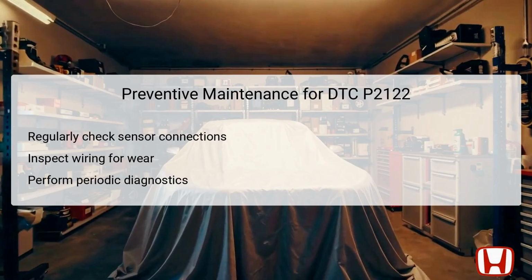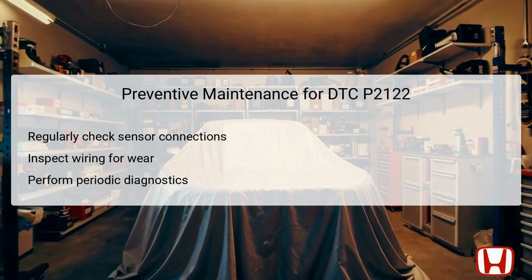To prevent issues like DTC P2122 from occurring in the future, a proactive approach to maintenance is advisable. Regularly checking the connections to the accelerator pedal position APP sensor can help identify loose or corroded pins before they lead to more significant problems. Additionally, inspecting the wiring harness for signs of wear or damage can prevent short circuits or breaks that disrupt the signal flow.